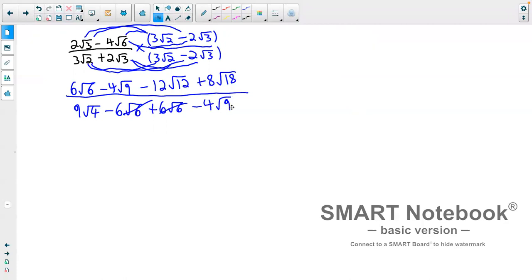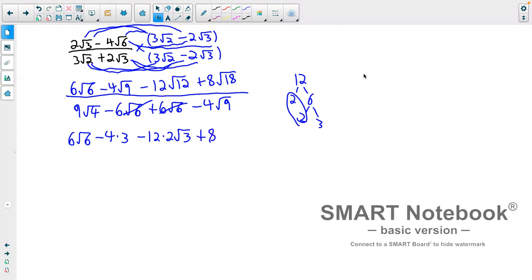Now we'll go through and simplify this a bit. So 6 root 6 minus 4 times 3, because the square root of 9 is 3. And then minus 12, we can simplify this. 12 is the same as 2 times 6. 6 is 2 times 3. So we have a 2 coming out. So 12 times 2 root 3. Same with the next one.